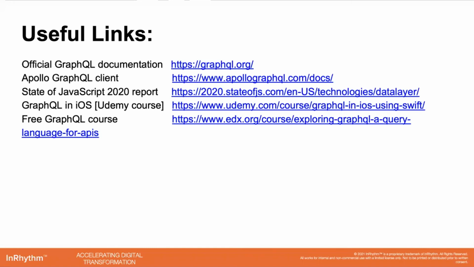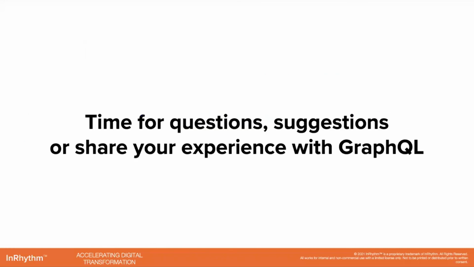Developer satisfaction is above 90% for GraphQL. There are also quite a lot of GraphQL courses on Udemy. Quite a nice course explaining GraphQL and SwiftUI integration, and one more free GraphQL course. You can go through this link. So that's all I want to talk about.